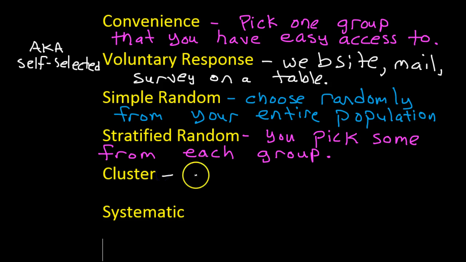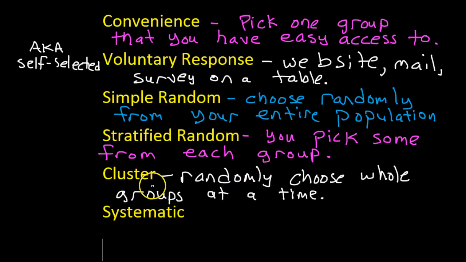Now, cluster is where you randomly choose whole groups at a time. Back to my classroom example, if I randomly picked 5 classrooms to survey, then if you're in one of those 5 classrooms, I automatically survey everyone in the classrooms that I choose.